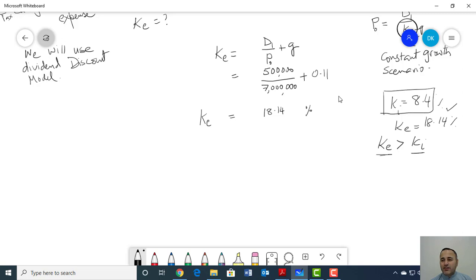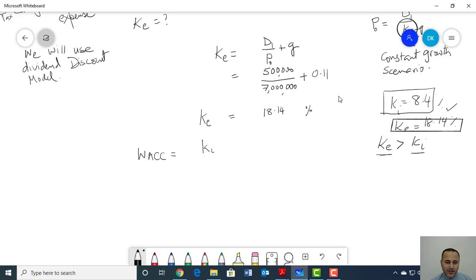Coming back to the question, I have calculated KI, which is 8.4%, and KE, which is 18.14%. So I can easily calculate WACC. How can I do that?